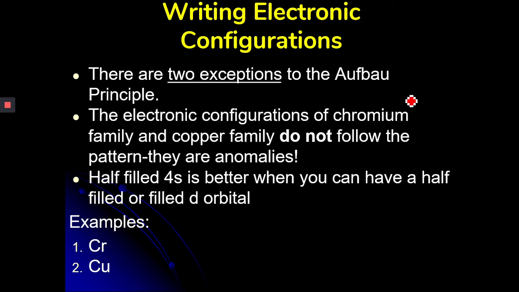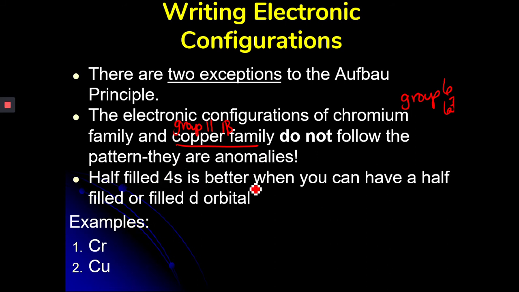The chromium family would be group 6 or 6B. The copper family would be group 11 or 1B. They do not follow the pattern, so there are some abnormalities happening, some exceptions.